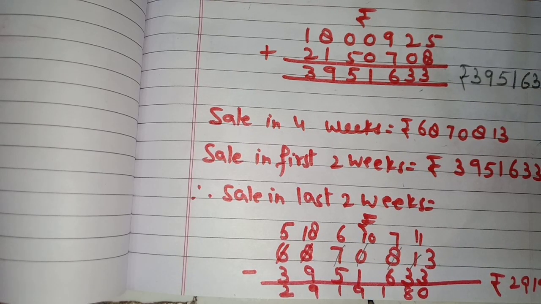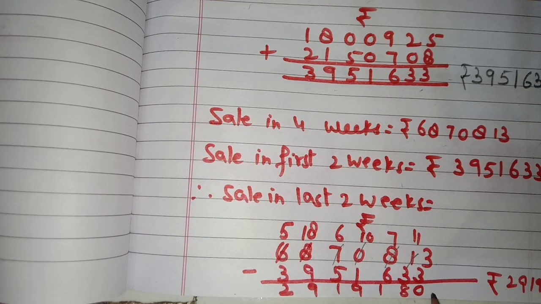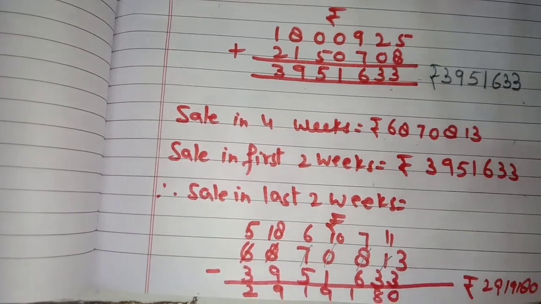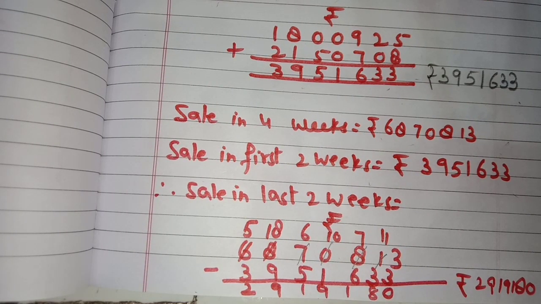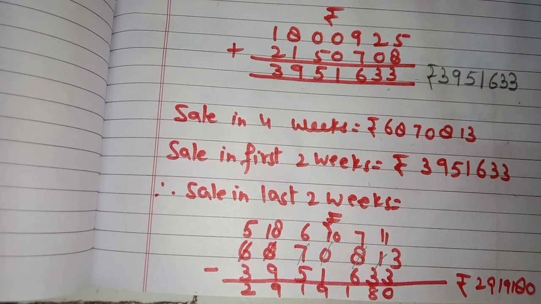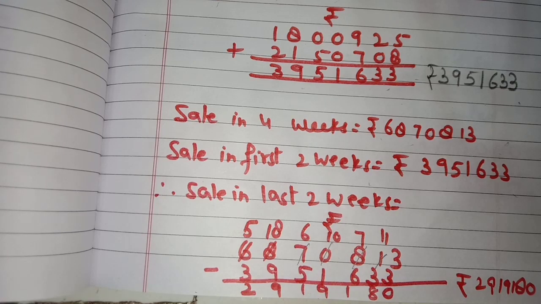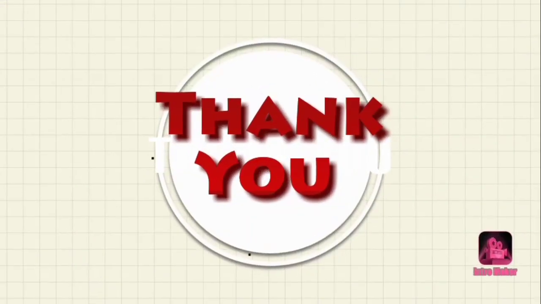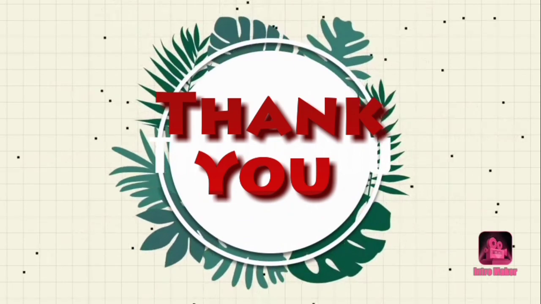So the answer which you will get is 29,19,180. And this is the sale proceeds, or you can say the sale of the last 2 weeks in the month of February 2018. So this is how you can calculate this question, and I hope you all would have understood this exercise.